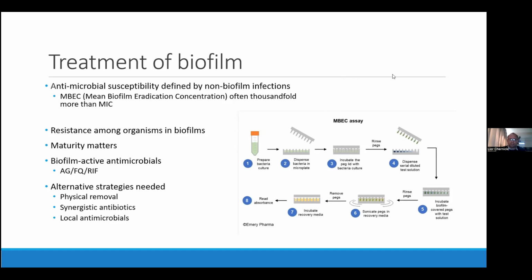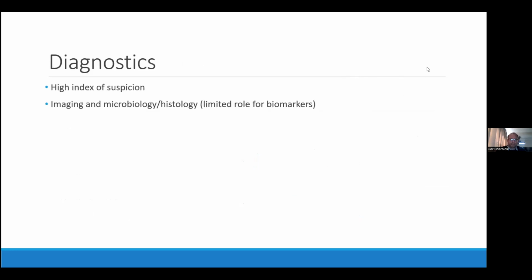And then obviously alternative strategies would be needed to definitively remove a biofilm, and that includes physical removal in any which way, synergistic antibiotics with biofilm activity, and potentially even local antimicrobial therapy to achieve the concentrations you may well want or need.